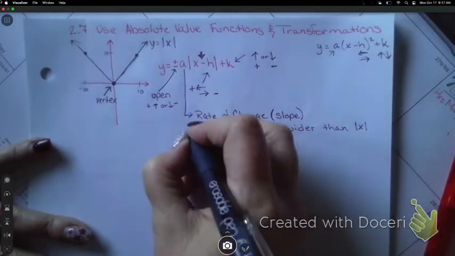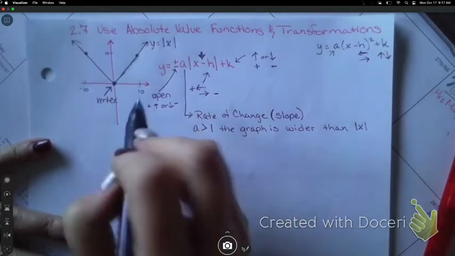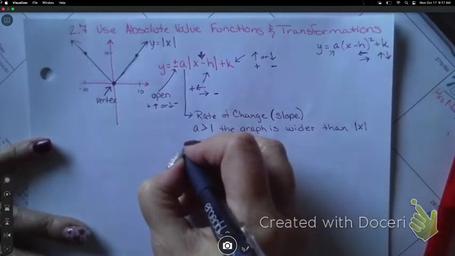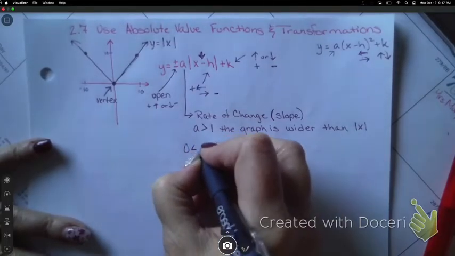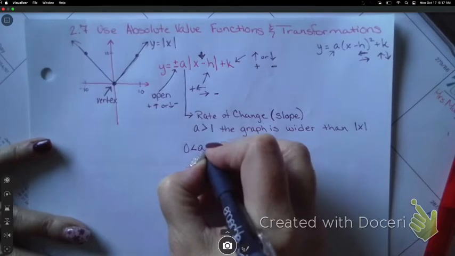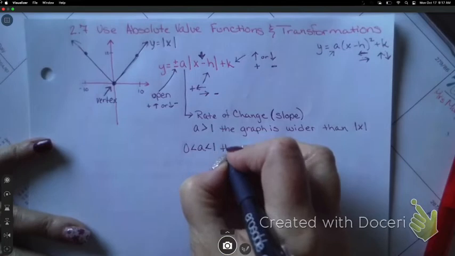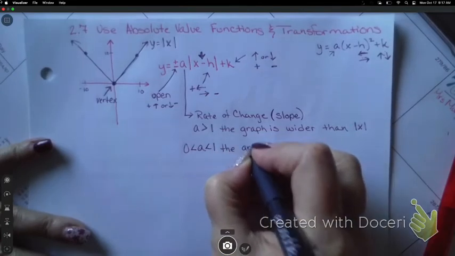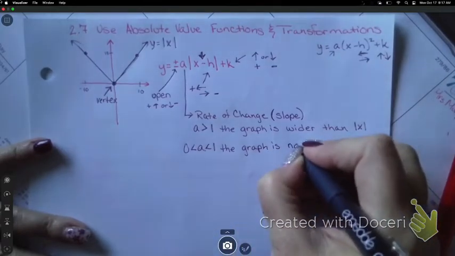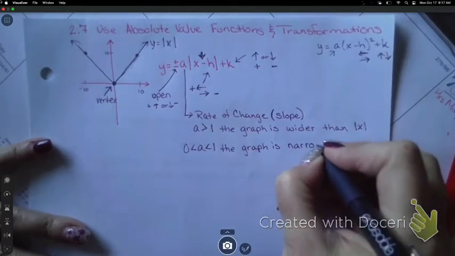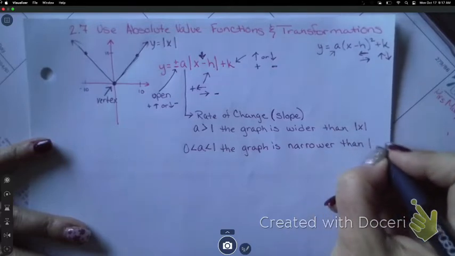And this is the absolute value of a, because the positive and negative told me whether it opened up or down, right? So if a is greater than 0 but less than 1, the graph is narrower than the absolute value of x.